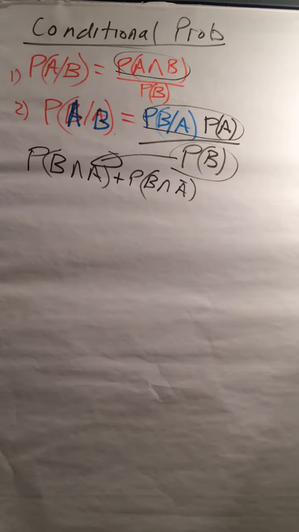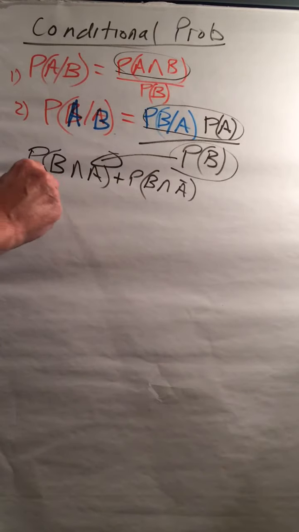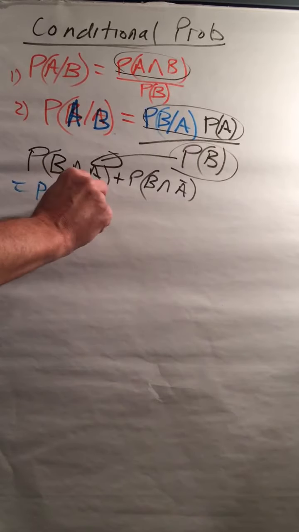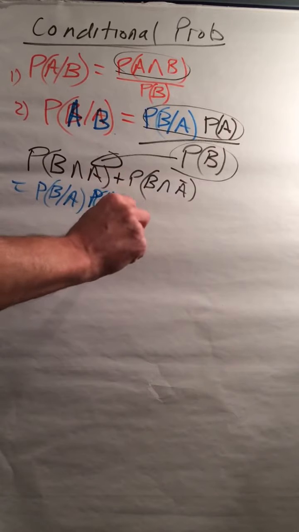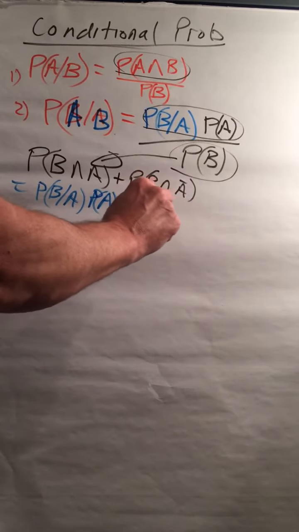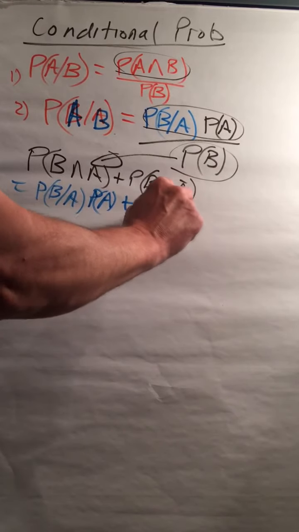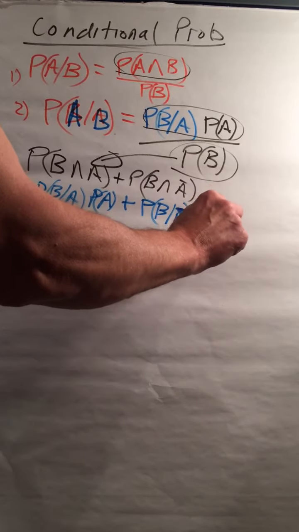If you simplify this, this piece is just the top piece because it's the probability of A and B. Then that's the probability of B given A times the probability of A, plus the probability of B given not A times the probability of not A.